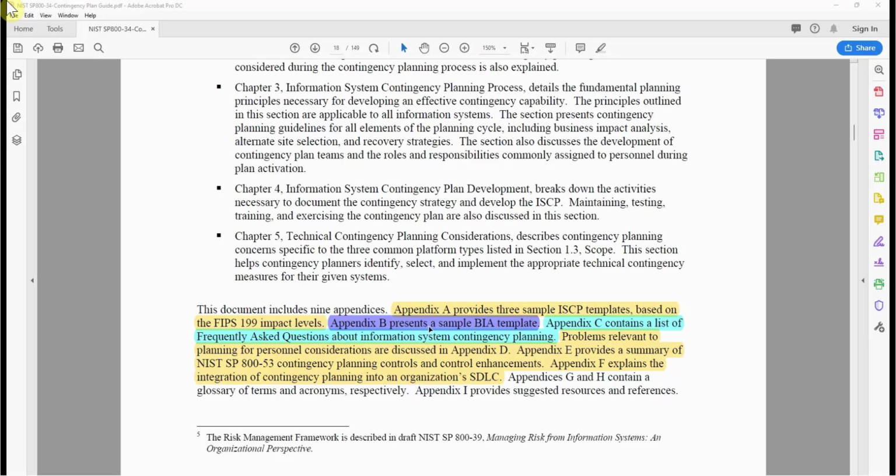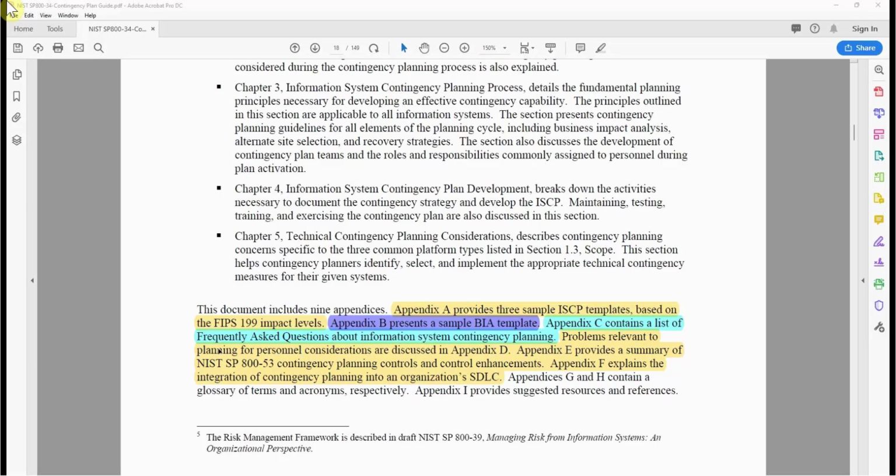Appendix B presents a sample BIA, Business Impact Analysis template. If you have the need to develop a business impact analysis, Appendix B will be your template. Appendix C contains a list of frequently asked questions about the information system contingency plan.